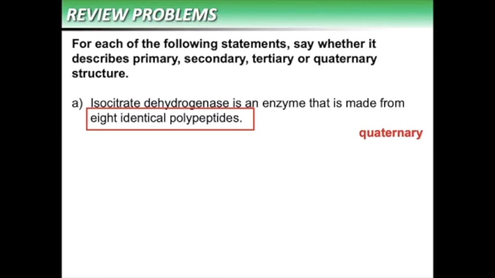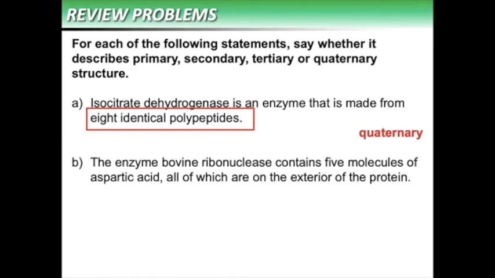The next one, enzyme bovine ribonuclease, contains 5 molecules of aspartic acid, all of which are on the exterior of the protein. So let's think that one through for a moment. You're being told about one of the amino acids. Aspartic acid, if we think back to it, is an acidic amino acid. That means it's going to have a negative charge on it under physiological conditions because it loses its H+. And we're talking about where it winds up.